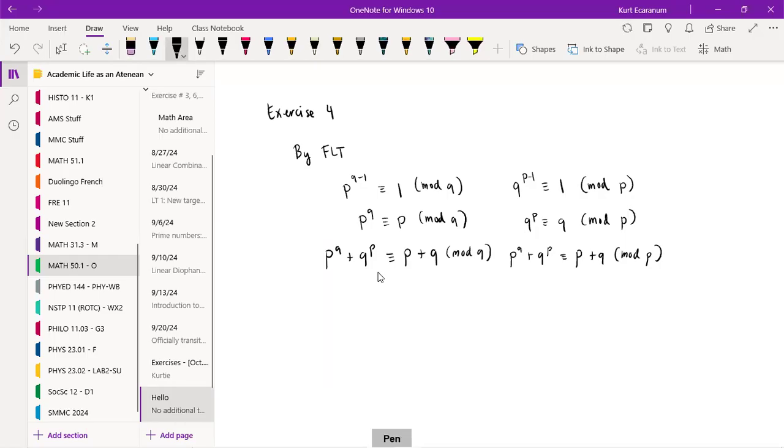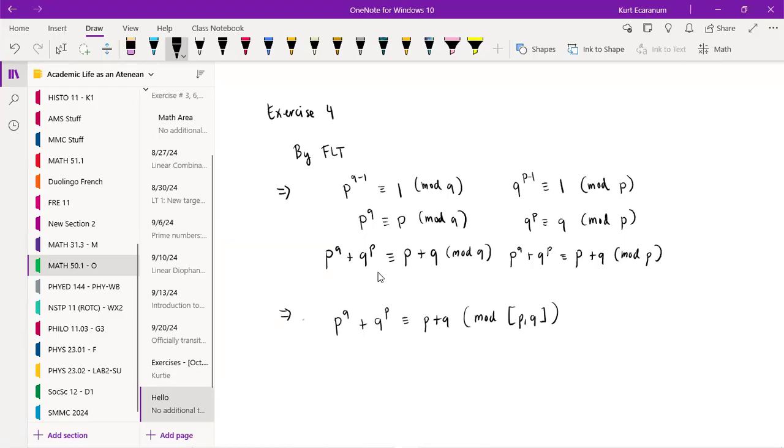Gawin silang iisang congruence. Okay? And that gives us p to the q plus q to the p congruent to p plus q modulo p, their LCM.